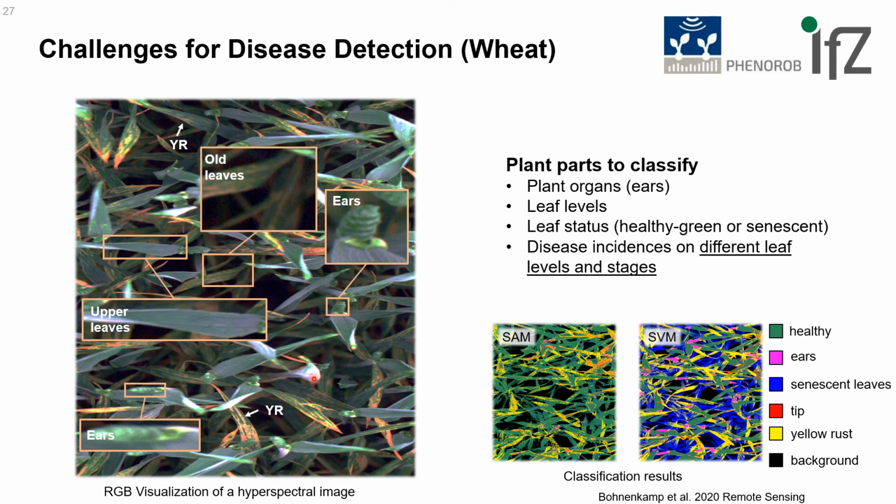And that's very challenging if we want to analyze these data, because we have so many different structures. We have old leaves, we have young leaves, we have ears, we have diseased areas, we have senescent areas, we have shadowed areas. And therefore we need algorithms which are able to handle this high complexity. And some older algorithms like the spectral angle mapper are not really able to handle these complexities.